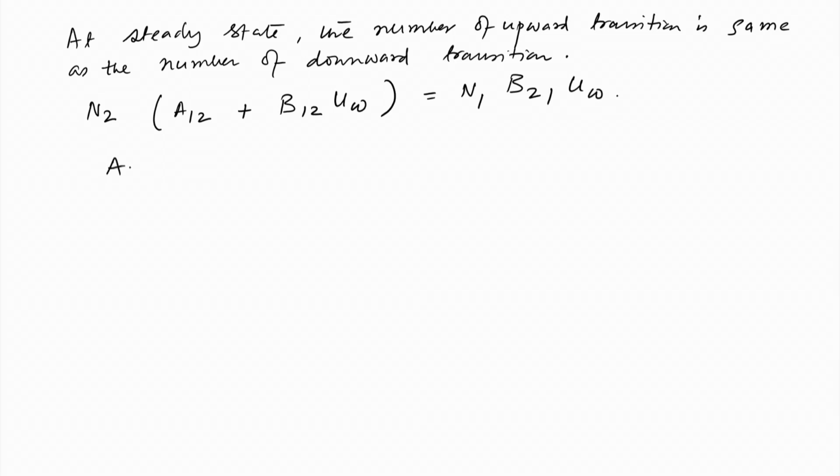So, I can write that N2 times (A12 plus B12 u omega) equals N1 B21 u omega.